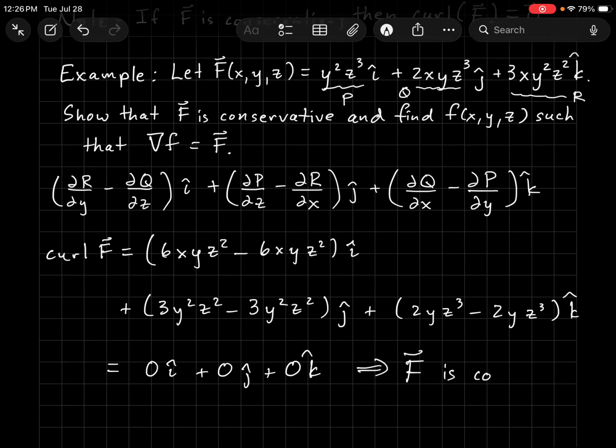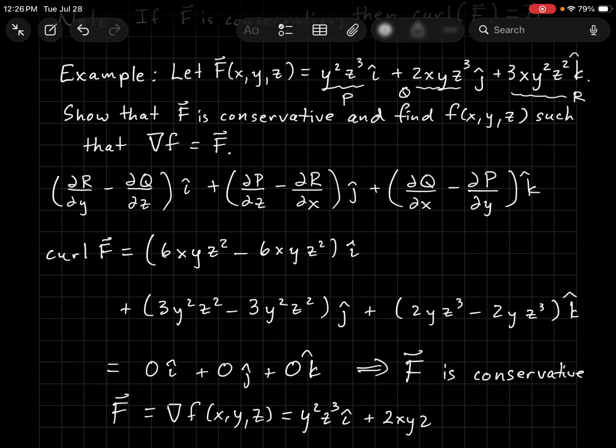And since f is conservative, f must be the gradient of some function f of x, y, z. So let's write this again just so we can use it and see it. We have y squared z cubed i plus 2xy z cubed j plus 3xy squared z squared k.